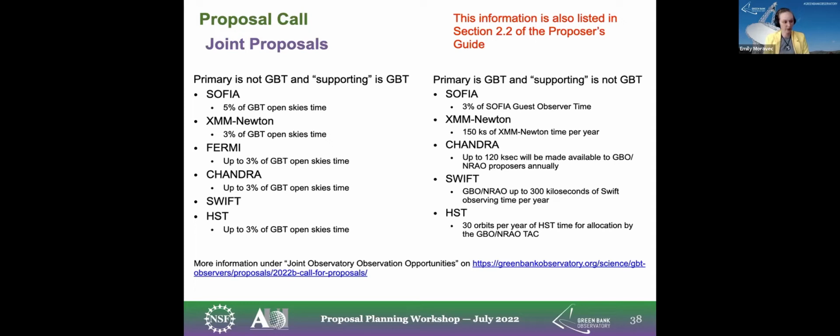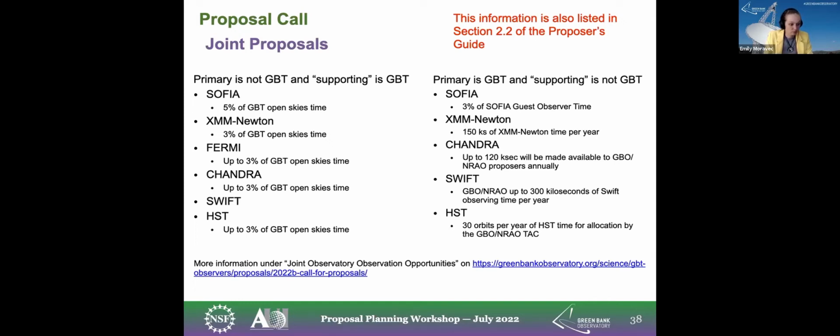But then you can also submit to the GBT, which is the primary, and the supporting is not the GBT, it's a different one. There are different allocations of these other telescopes that you can ask for supporting data from.